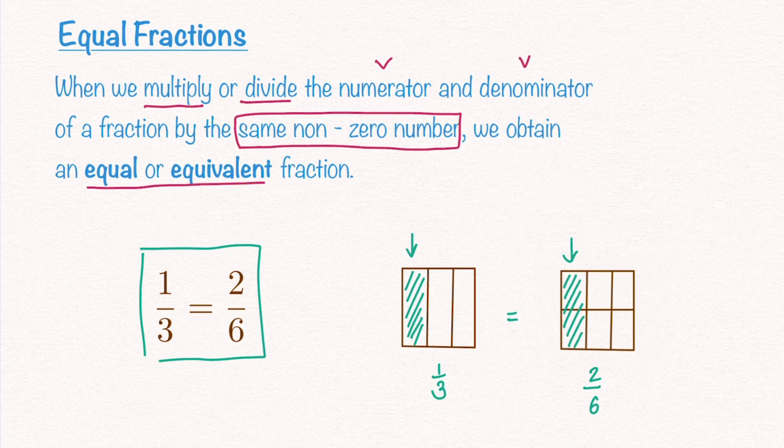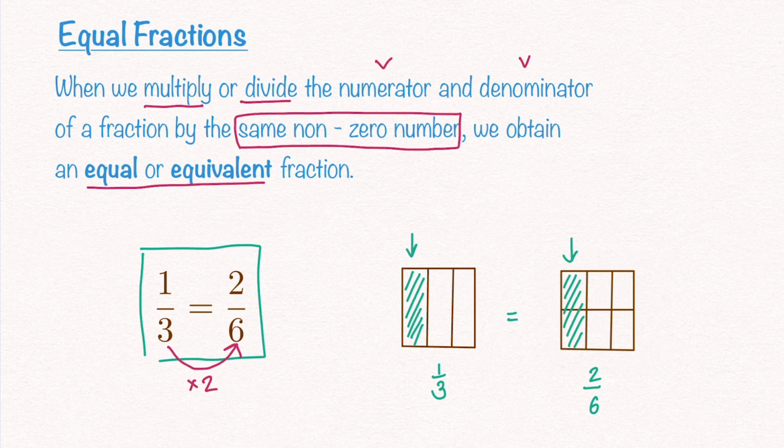So for example, here I have 1/3, and I know that this is equal to 2/6. So let's have a think about what we did. Did we multiply or did we divide to get to the equal fraction? So starting with the bottom 3, our denominator, what did we do to 3 to make it into a 6? We know that we times 2, so we multiplied.